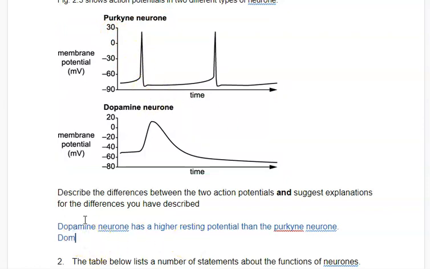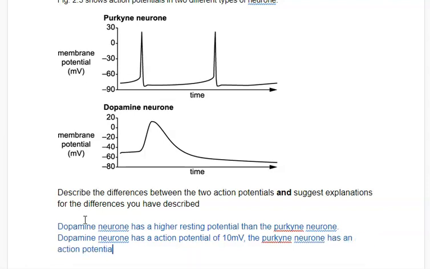So the dopamine neuron has an action potential of 10 millivolts. The Purkinje neuron has an action potential of 20 millivolts. And I could also look at how far they've risen.